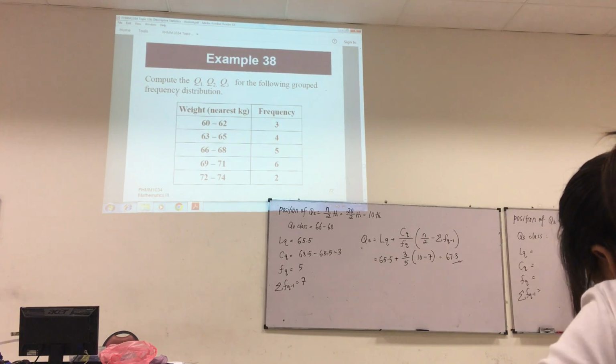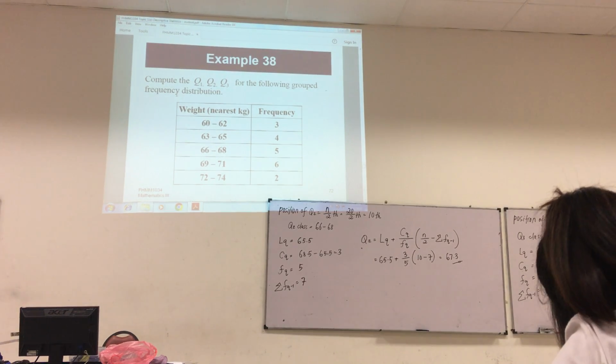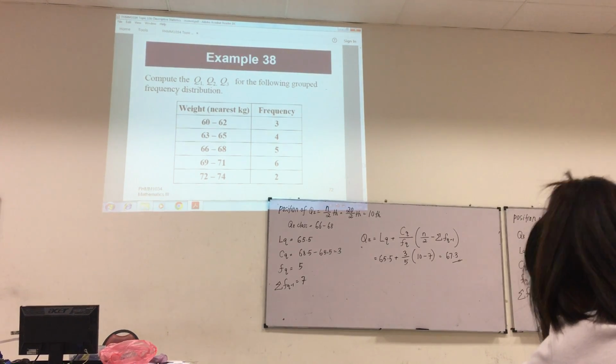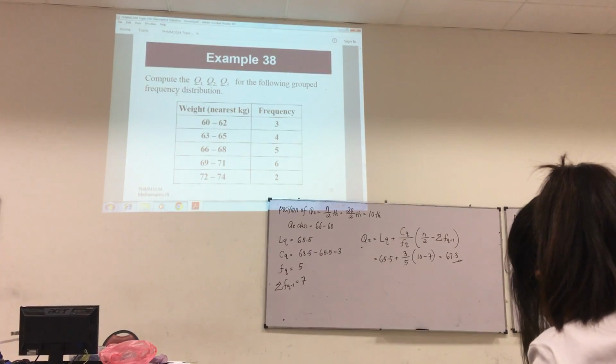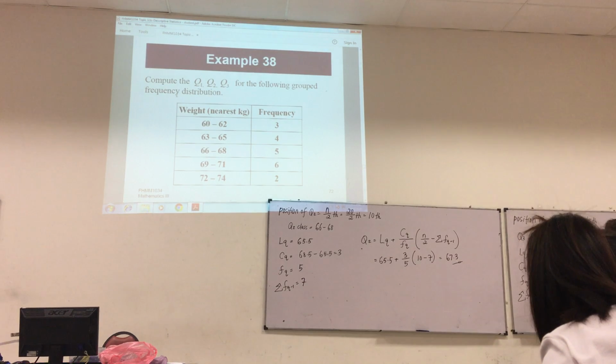Faster, faster. Position of Q3: 3n minus 4, that is 3n divided by 4, so you should have 15. So your Q3 class is how much? 69 to 71.